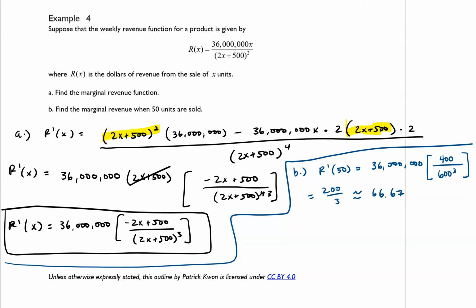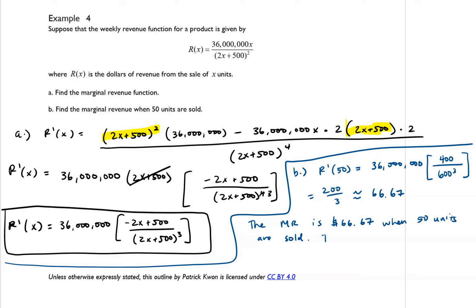So what does that mean? That means that the marginal revenue is $66.67 when 50 units are sold.